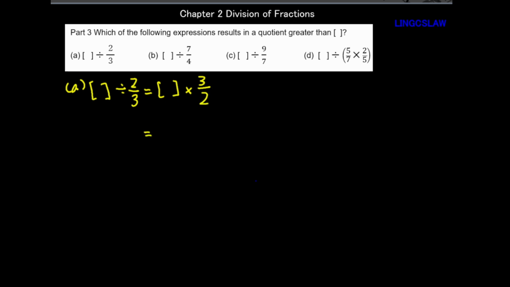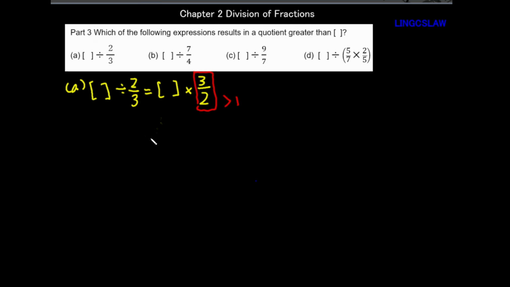So this number is greater than 1, so the quotient will be greater than the original number.